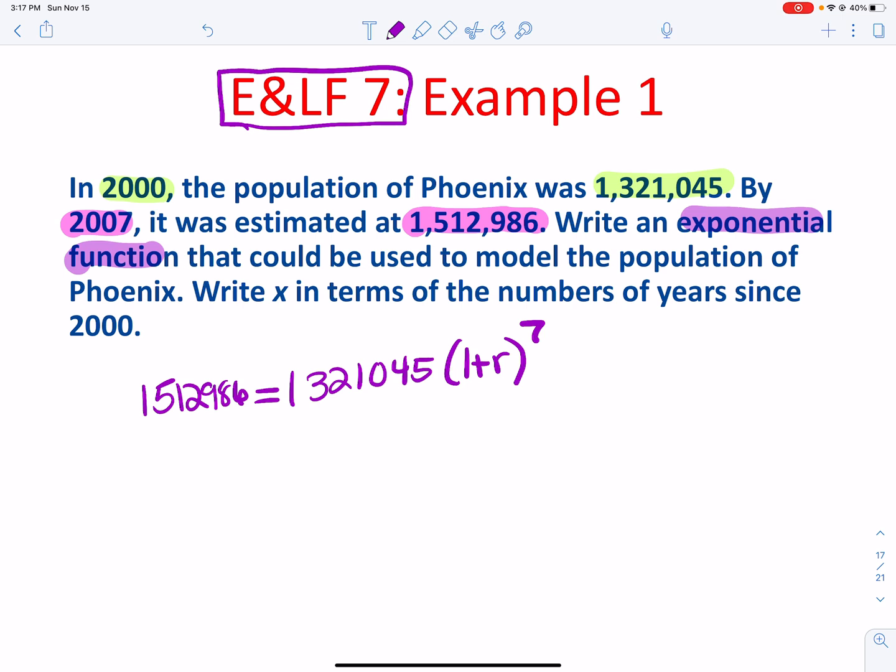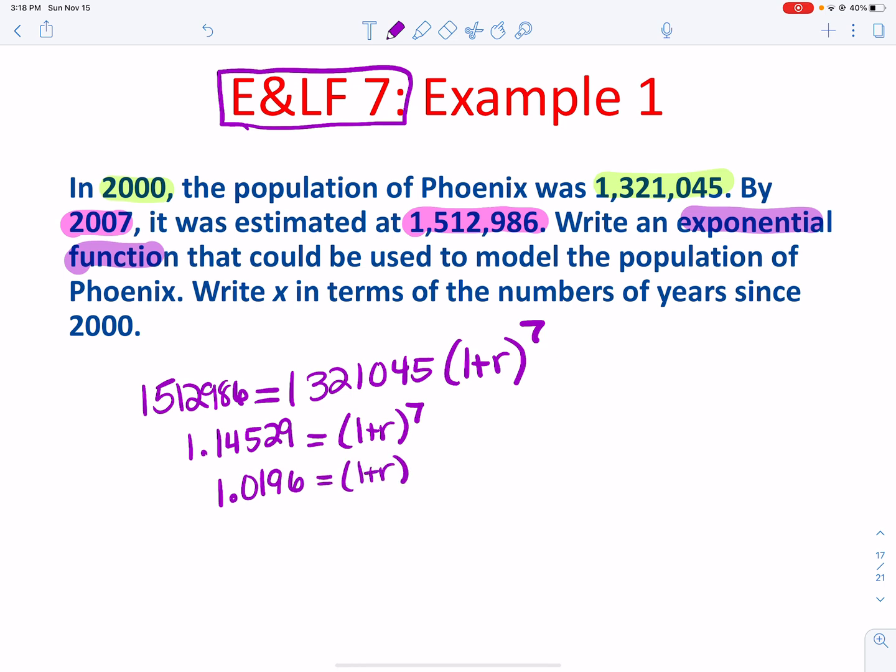1,512,986 divided by 1,321,045. And I got 1.14529, blah, blah, blah, equals 1 plus r to the 7th. So I'm going to take that to the 1/7, and I got 1.0196.